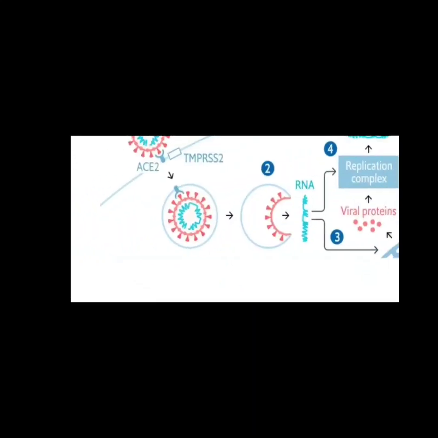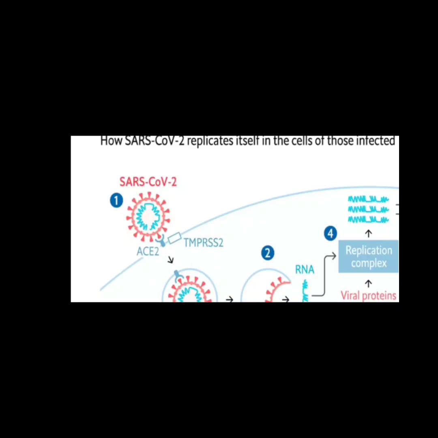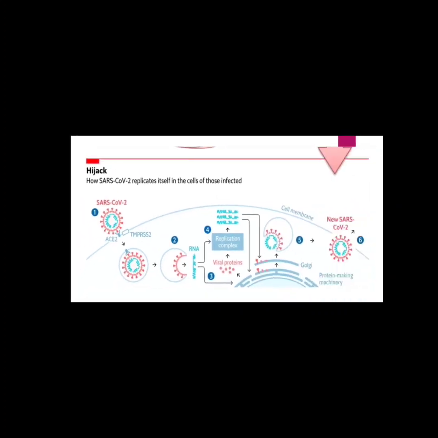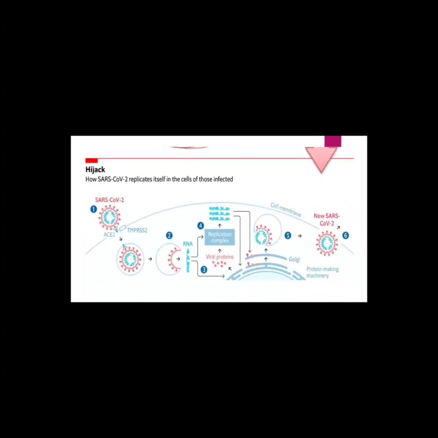The ACE2 acts as the receptor for binding of the viral spike protein. Here the spike protein recognizes ACE2 as its host binding site. So the virus enters the cell. There it releases its RNA.